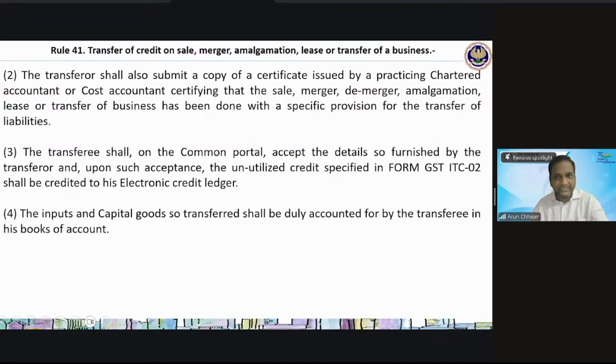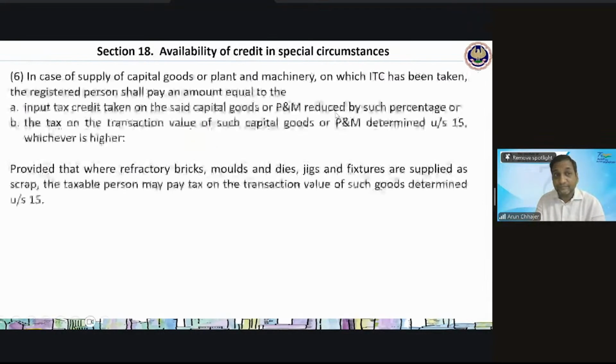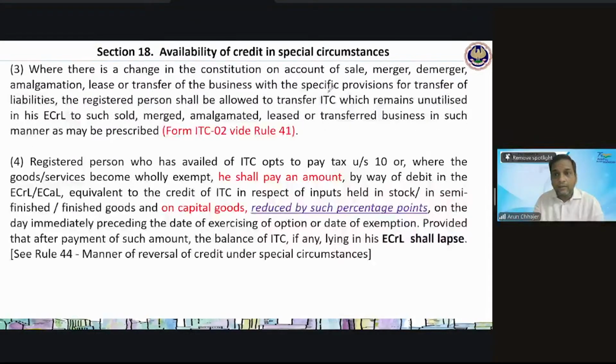Same, a practicing CA or cost accountant. Now there is no specific value. It says that the transferor shall submit the copy of the certificate certifying that sale, etc., has been done with the specific provision for the transfer of the liability. Correct? Go to the 18 subsection 3. What does it say?